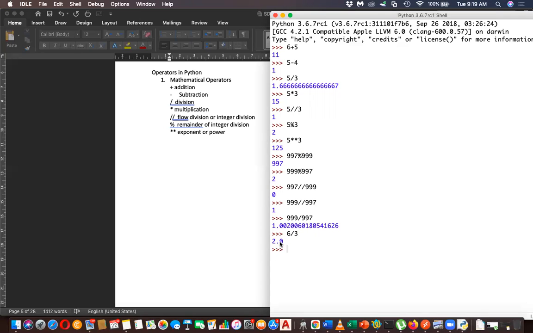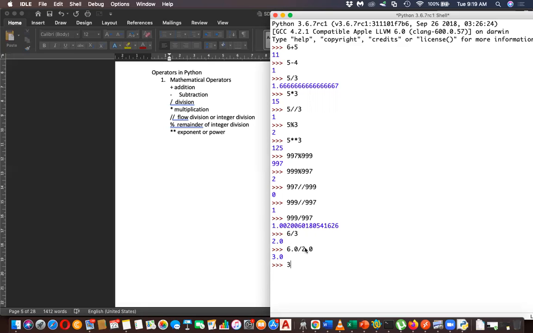Even if the fractional part is 0, that 0 will come because it will give you a floating point number. On the other hand, if you divide 6.0 by 2.0, still that 0 part will come. Whether you include it or not, that 0 part will come in the answer. So this is given sometimes, whether it is 2 or 2.0.